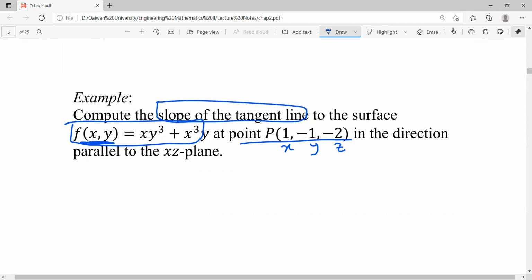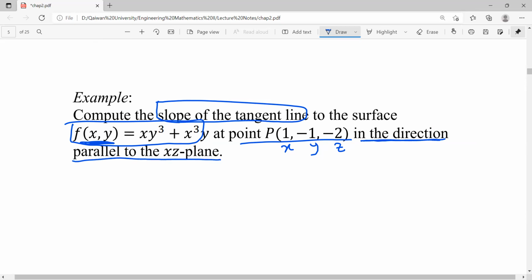When you hear the slope of the tangent line, it means you need to take the partial derivative with respect to either x or y. We can know whether it's f sub x or f sub y by the direction of the tangent line.